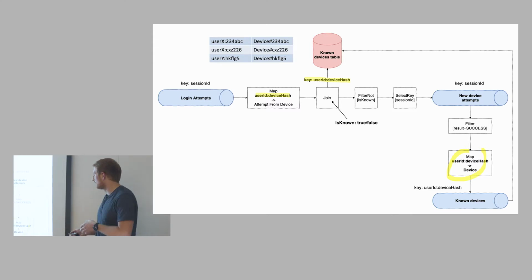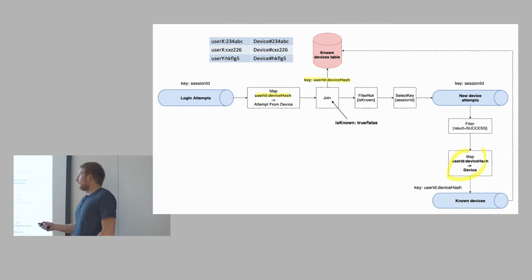In order to achieve it, after filtering new device attempts, we need to map these attempts to have a key of user ID and device hash, obviously, and we put, for example, the device as a value, but we don't really care about the other properties other than the hash at the moment, though maybe they will be used for email purposes or something like this.